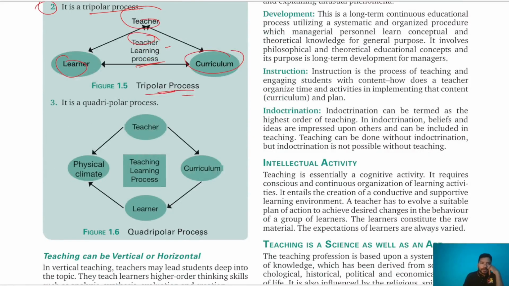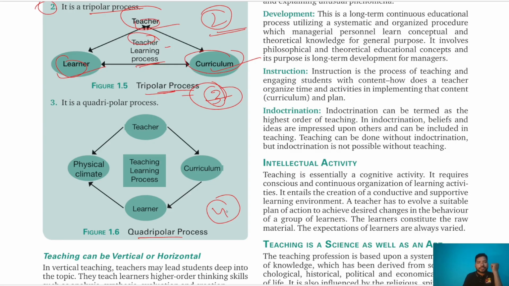After that, it is a quadripolar process. Quadri means four. Tripolar means three. Bipolar means two. Two-way, teacher and learner will be there: bipolar. In tripolar, the teacher, learner, and curriculum will be there.